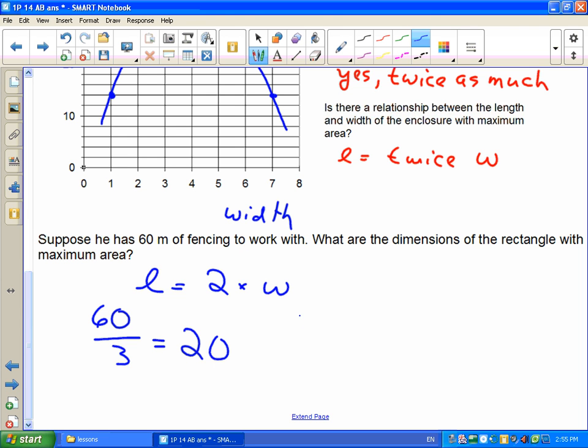So our width is going to be 20, and our length is going to be 40, because we have essentially 2 parts for the length, 1 for the width, which gives us 3 parts. 20, 40, nope, that doesn't add up, sorry. Scratch that.